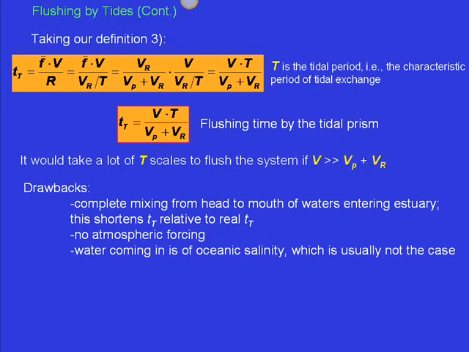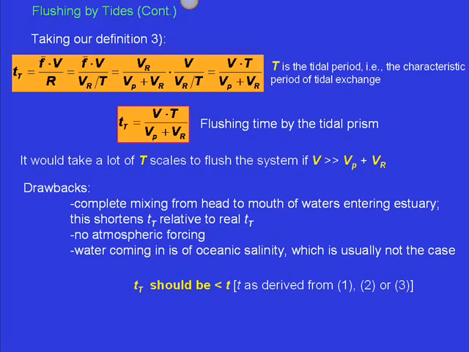Right? In reality, we won't have new oceanic salinity coming in with every flood. So as I just mentioned before, this calculation of residence time should give you values that are smaller than the approaches used in 1, 2, and 3, that is using the steady state approach.